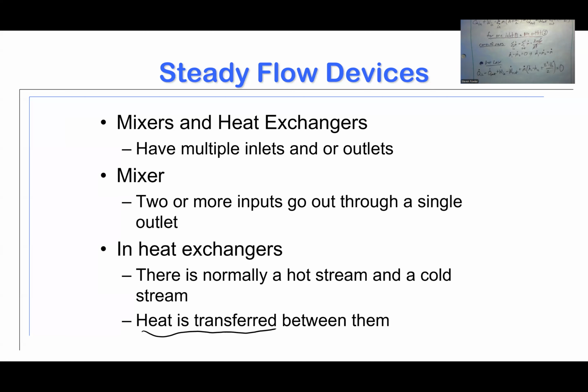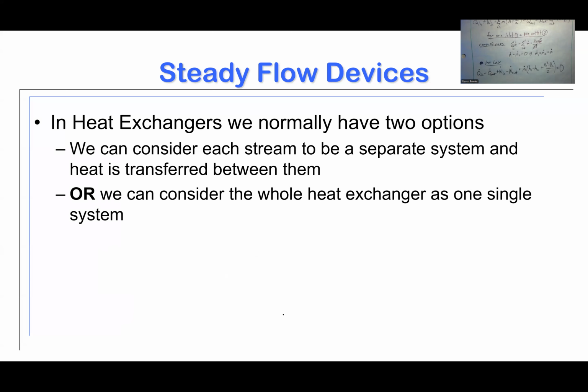So since you're transferring heat between them, with a heat exchanger, you've got a separate hot stream and a separate cold stream, and those two streams never actually mix. They're separated by some sort of boundary, some sort of thin metal that's very good at conducting heat between the two streams.